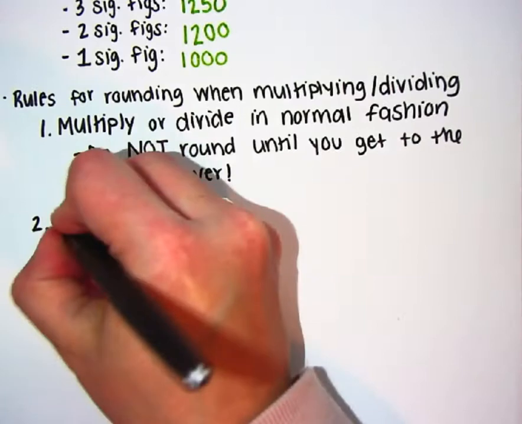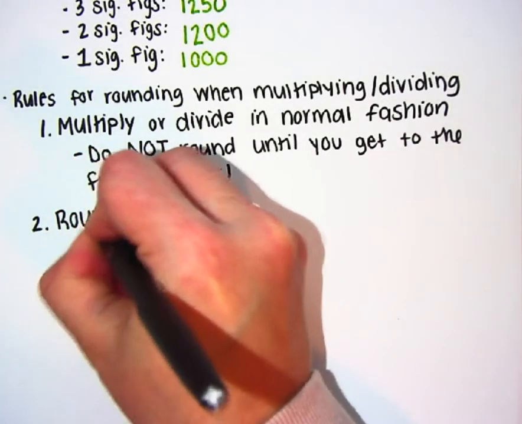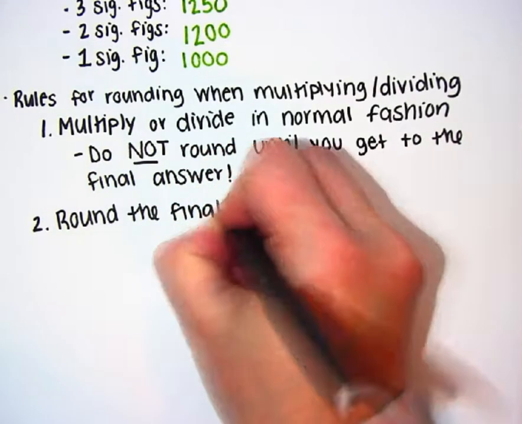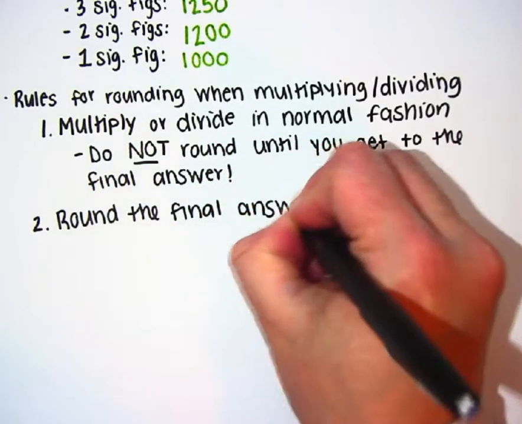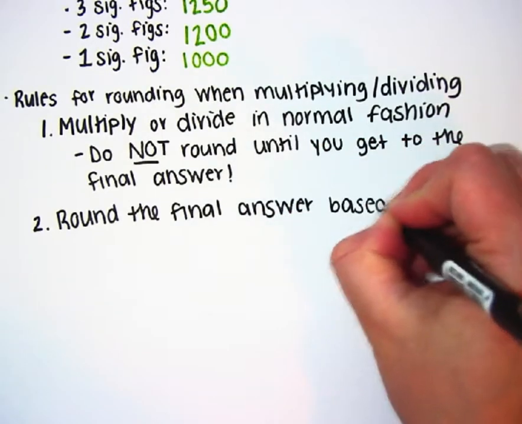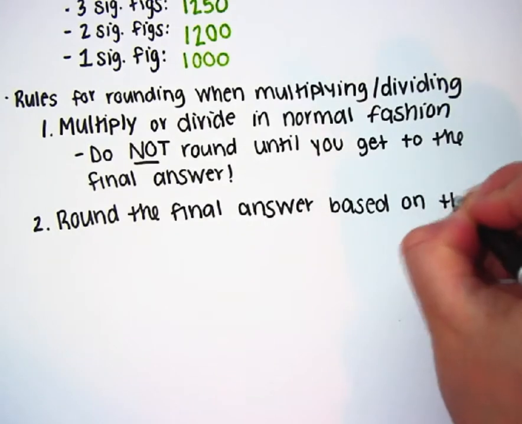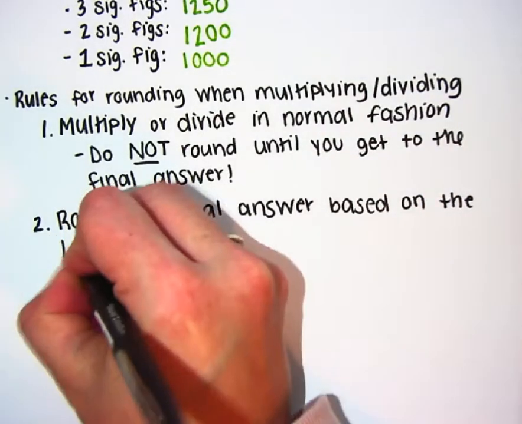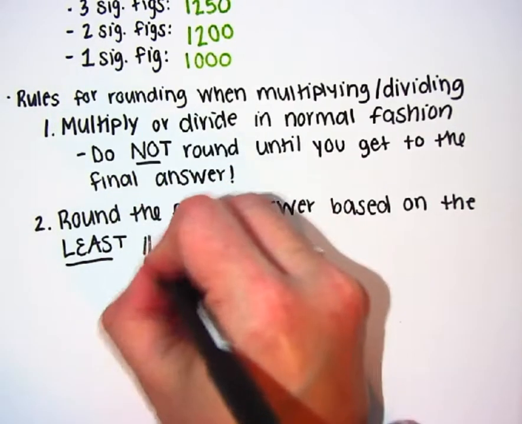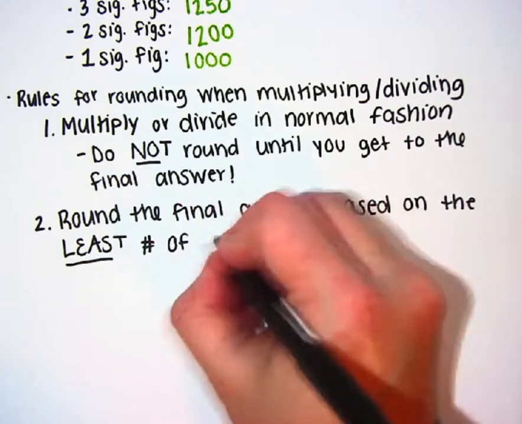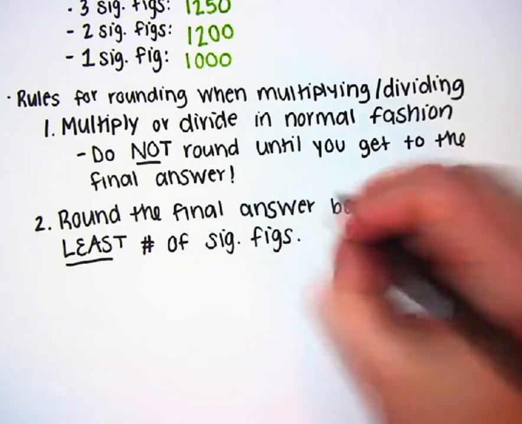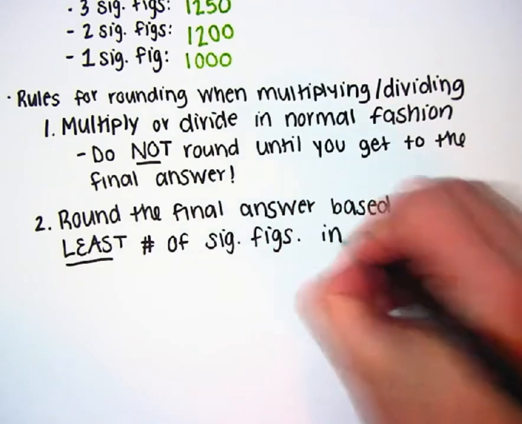Rule number 2. We are going to round the final answer based on the least number of sig figs in any number.